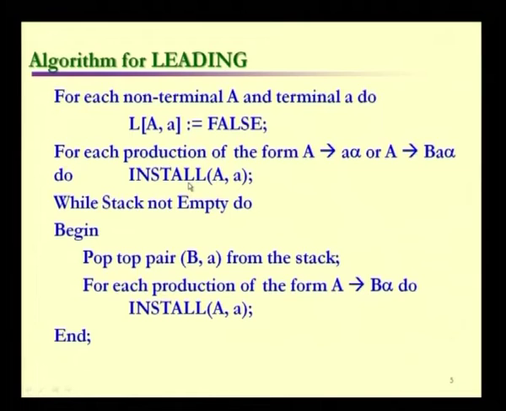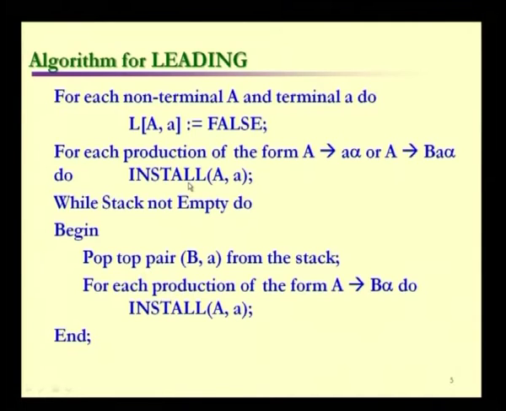We need to compute these relations among every pair of terminals, so that we will be able to find out the precedence relations. Next, having known the leading set and the trailing set, we have to find out how we will be evaluating the precedence relations.